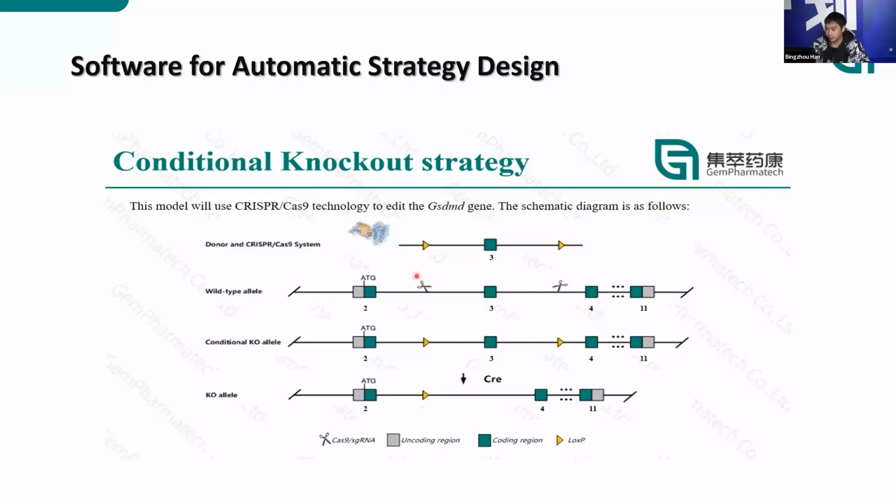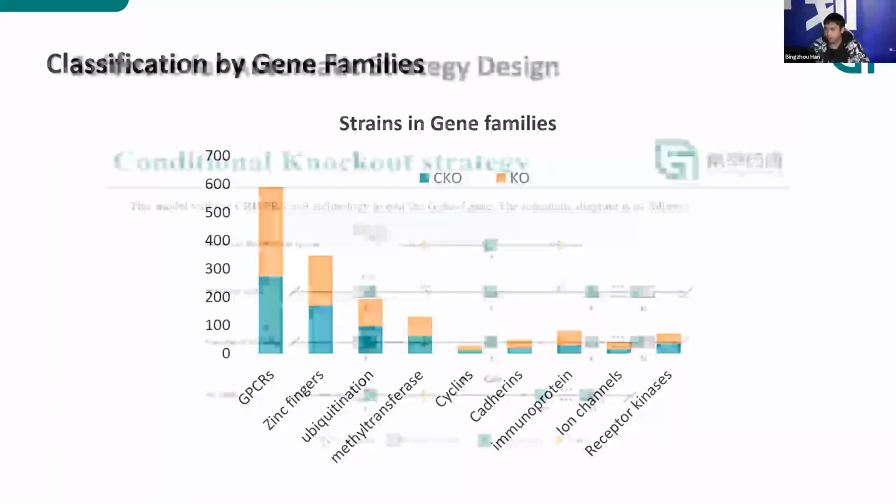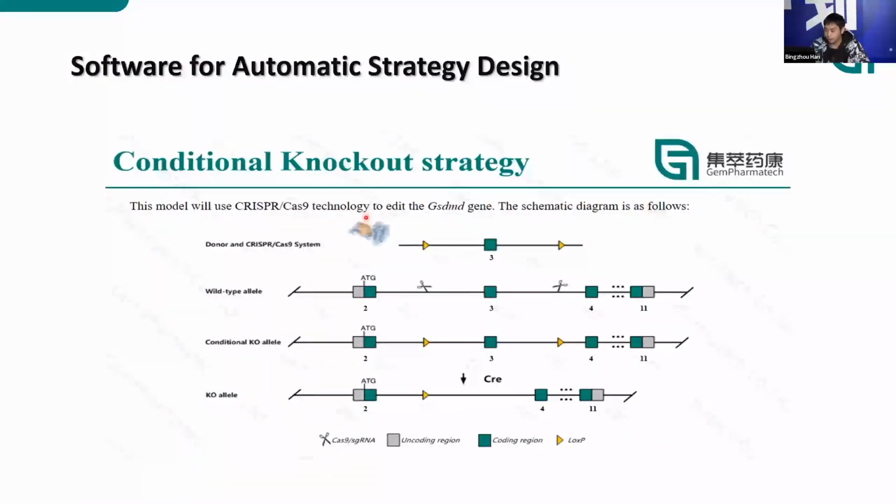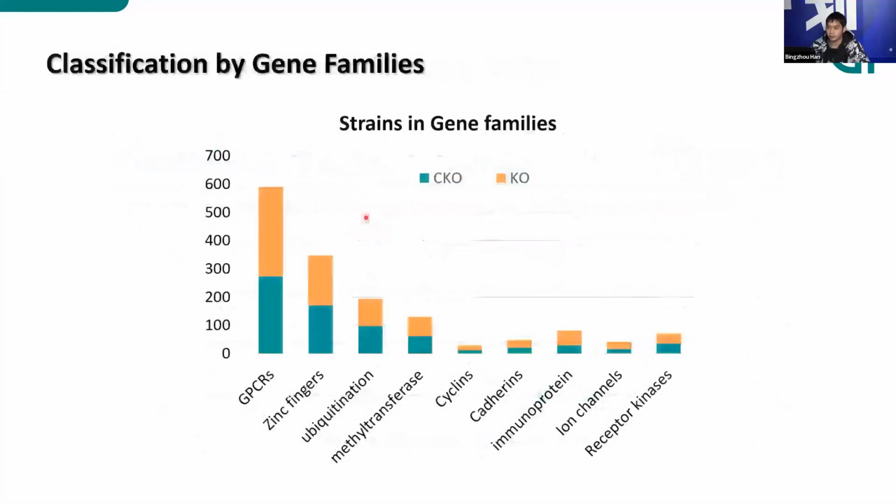Basically, we just input basic gene information like the gene ID into the software, and it automatically designs the target sites and the donor sequence for us, which greatly simplifies the strategy development of the KOAP strains. We have also developed other automated software for the maintenance and quality control of our strains.